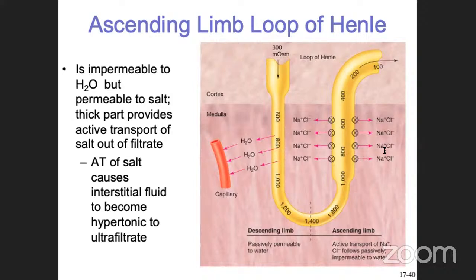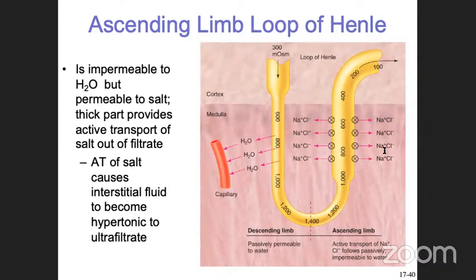If you look from the bottom, we started from 300 milliosmol and it reached up to the U-turn part at around 1400 milliosmol. It's very concentrated. The deeper they go, the more concentrated the particles will be. So that's the point where they have reached the maximum osmolality, before they move to the ascending limb.